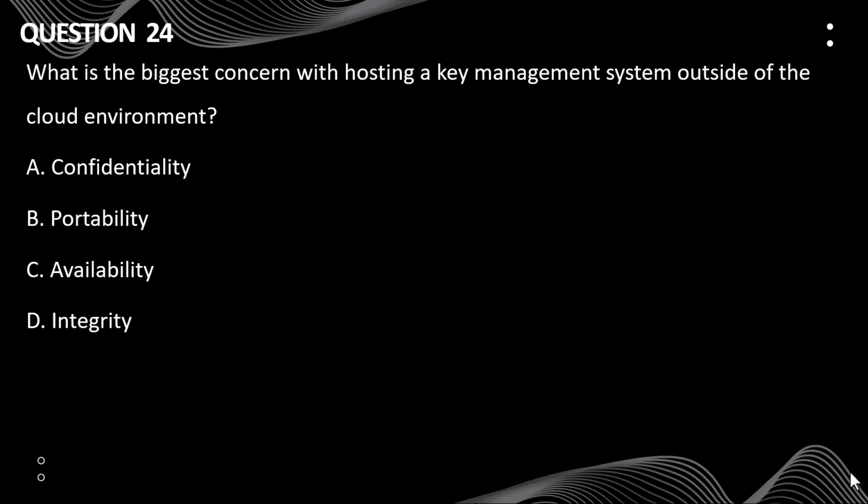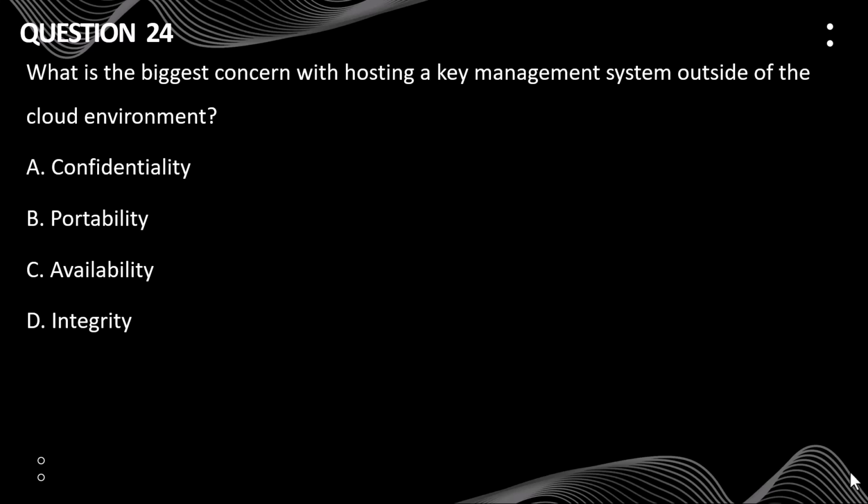Now, when a key management system is hosted outside of the cloud environment, there is a higher risk of confidential information being intercepted by unauthorized parties. This is because the keys that are used to encrypt and decrypt the sensitive data are managed externally, that is outside of the cloud environment, and this can pose security threats during the transmission or storage.